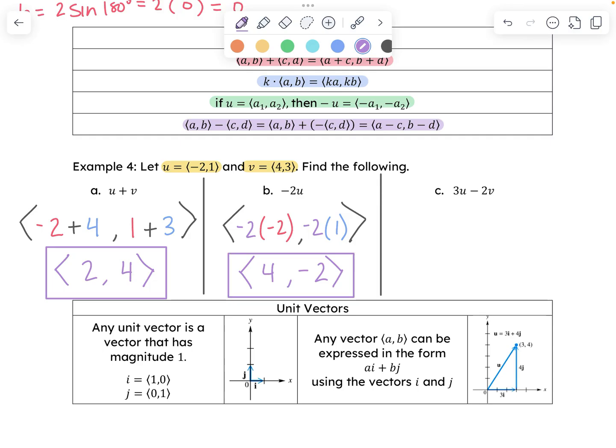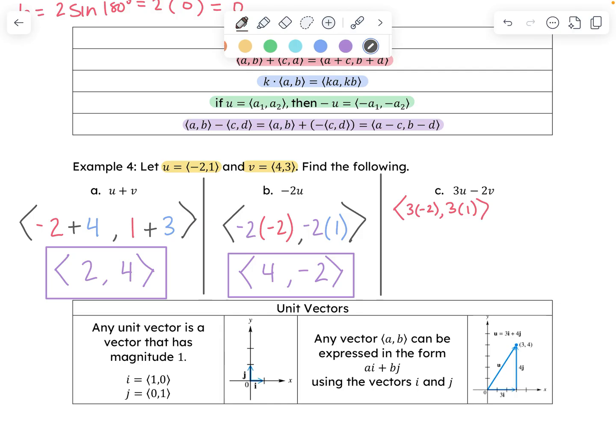And for c over here, we're going to combine multiplying by a scalar and subtracting. So for this 3u, I'm going to multiply the parts of my u vector by 3. What that's going to look like, I'll do it in pink here, is 3 times -2 and 3 times 1.